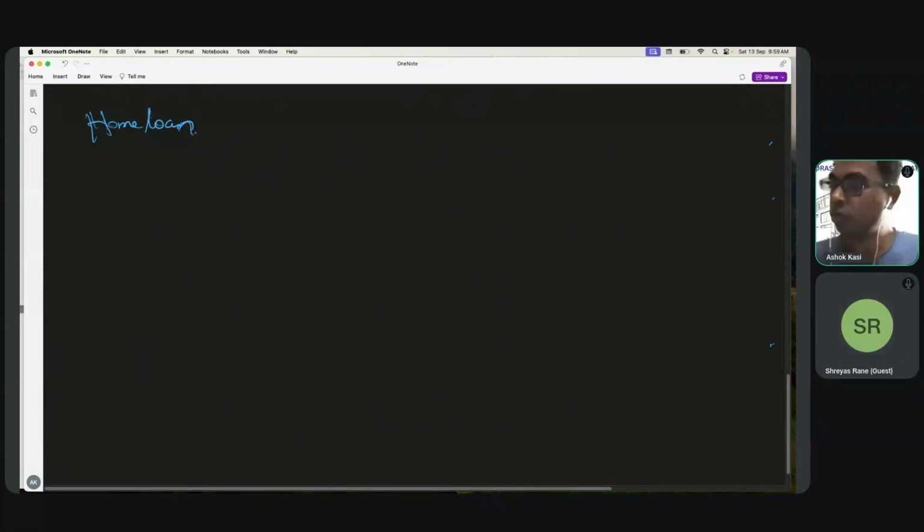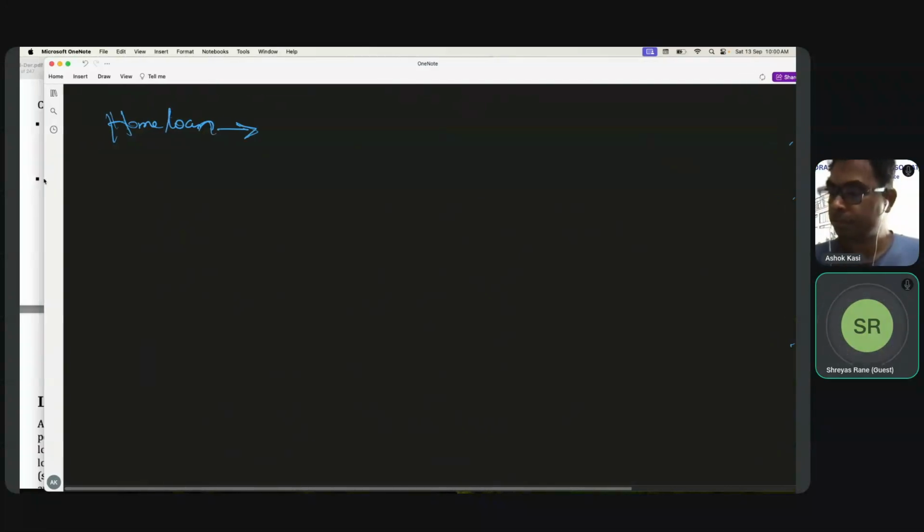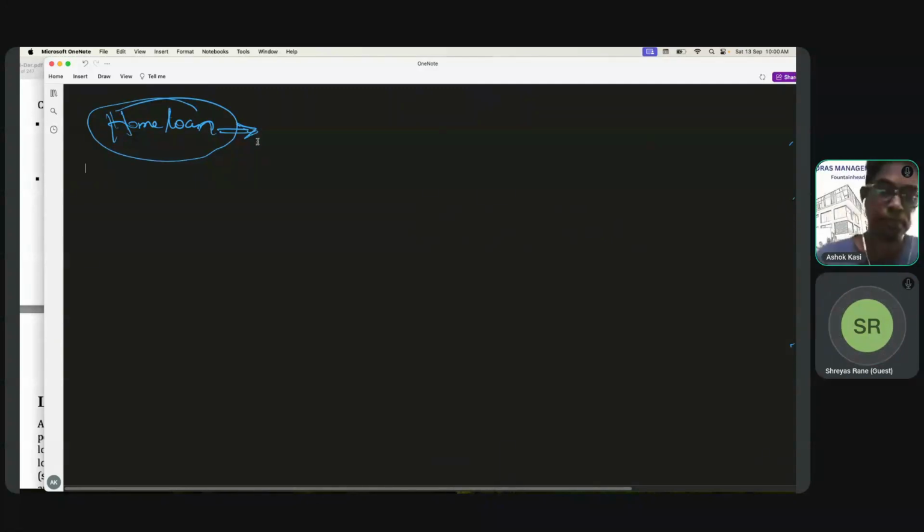Say for example, later on you are not able to pay. So what will the bank do? The bank can maximum seize this property, can seize the home. Can they come and force the borrower to sell his other personal property and pay? Yes or no? Or say for example, an automobile car loan.